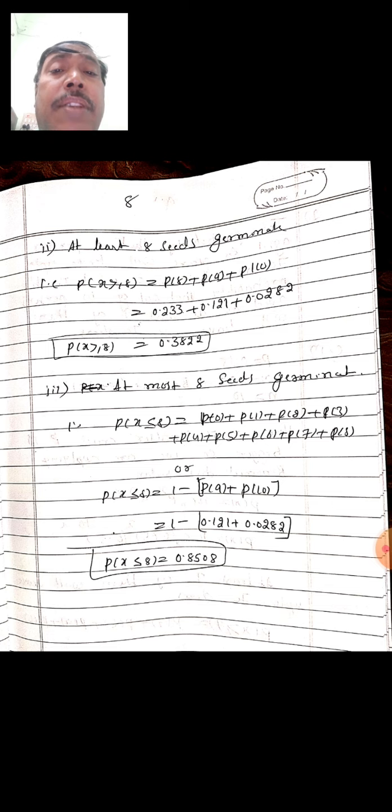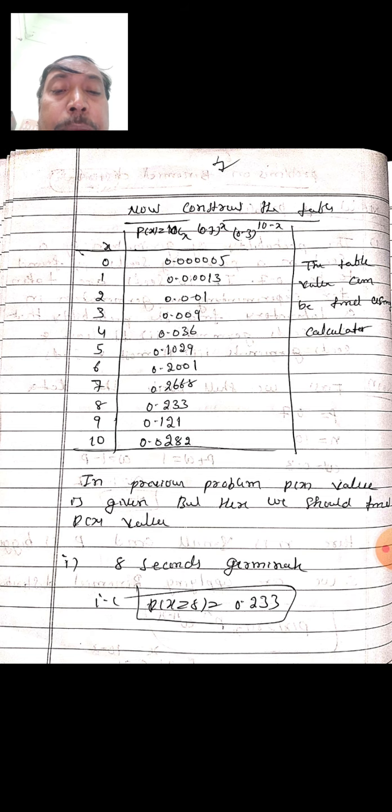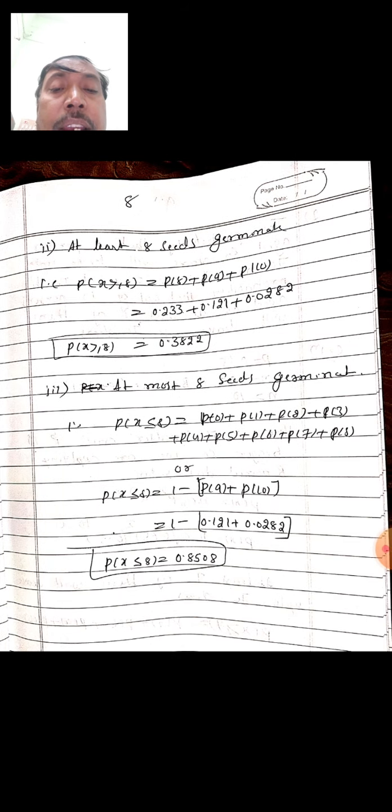That is probability x greater than or equal to 8, that is p of 8 plus p of 9 plus p of 10. Adding these in the table, you get p of x greater than or equal to 8 is equal to 0.3822.